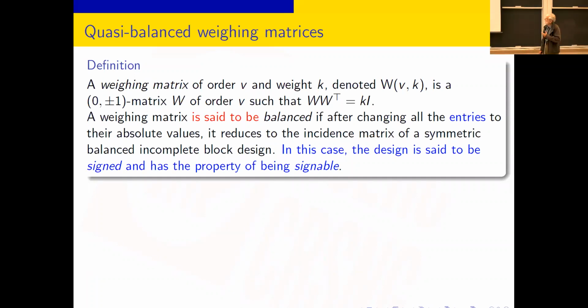Now, we call a weighing matrix balanced if you square all the entries and you get a symmetric balanced incomplete design, as I have talked about before. The design is said to be signed if you start with a symmetric design, change some of the ones to -1, and you get a weighing matrix.